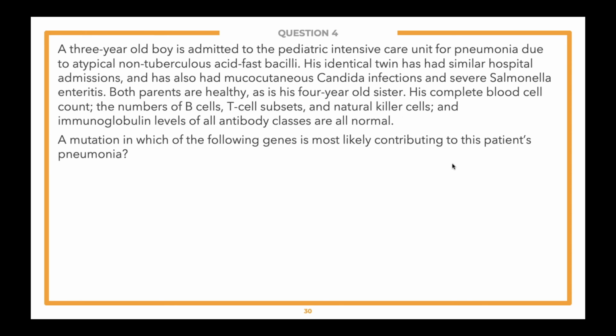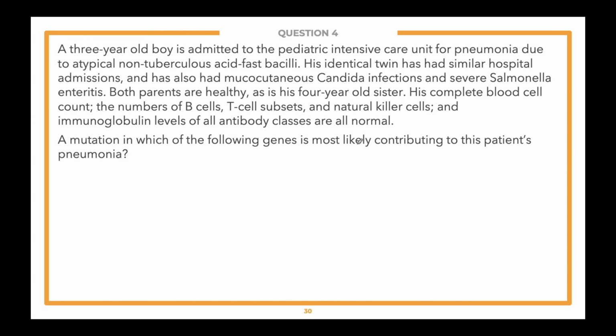Both parents are healthy, as is his 4-year-old sister. His complete blood cell count, the number of B cells, T cell subsets, and natural killer cells, and immunoglobulin levels of all antibody classes are normal. A mutation in which of the following genes is most likely contributing to this patient's pneumonia? Paris.